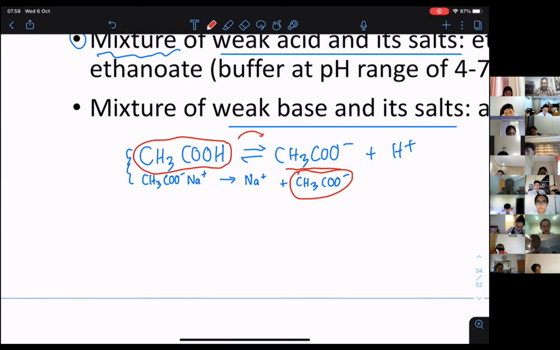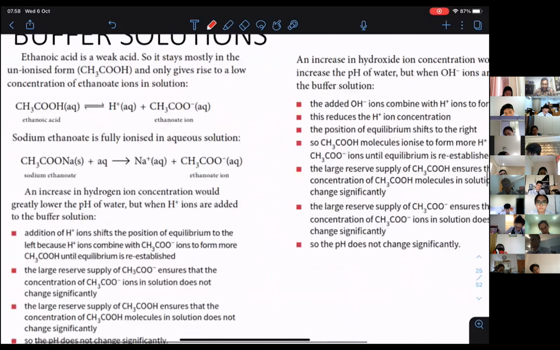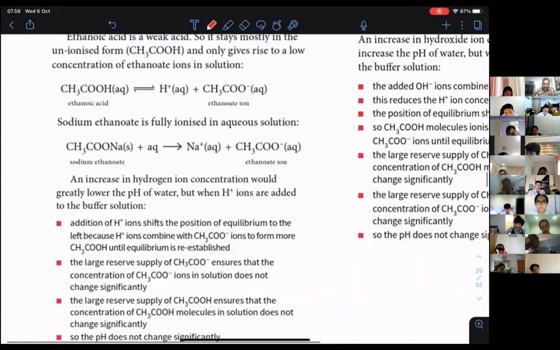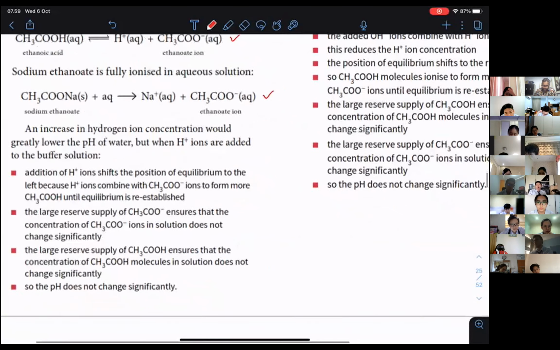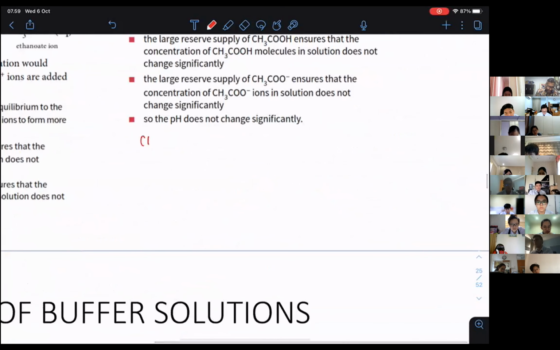I'll show you an example of how it behaves as a buffer. In the same example, you have ethanoic acid and sodium ethanoate. Let me write it down. CH3COOH gives CH3COO minus and H plus, but the amount is little.